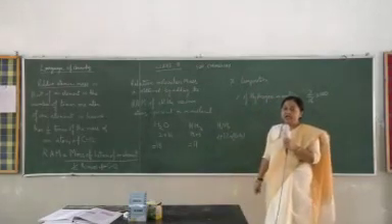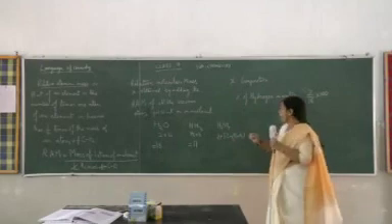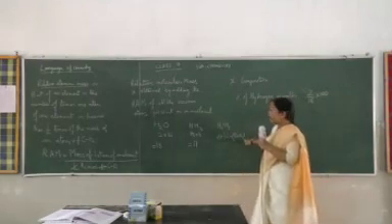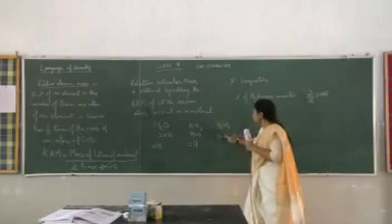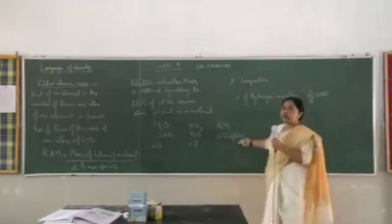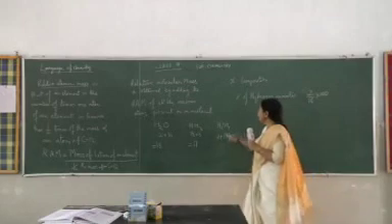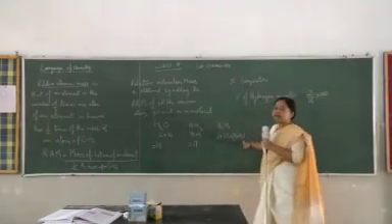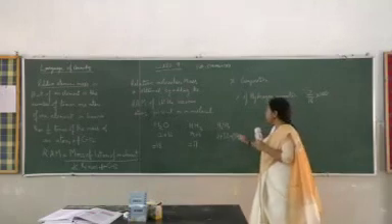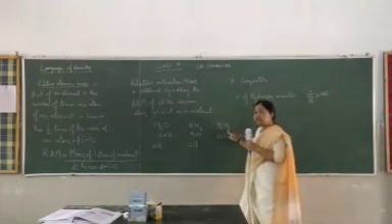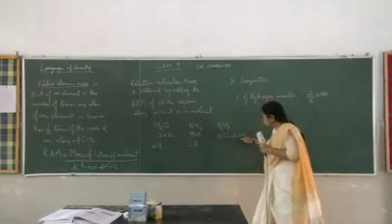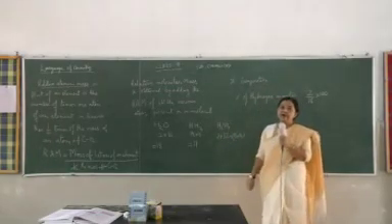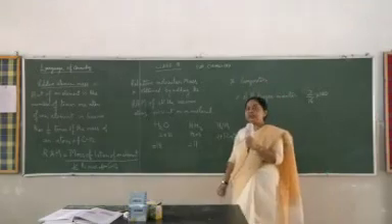If you have to find out what percentage of sulfur is present in sulfuric acid, then you will place this on top, 32 divided by this total weight into 100. What is the percentage of hydrogen present? 2 upon the total weight into 100. What is the percentage of oxygen present in sulfuric acid? This 16 into 4 upon the total weight into 100. This is how we find the percentage composition.